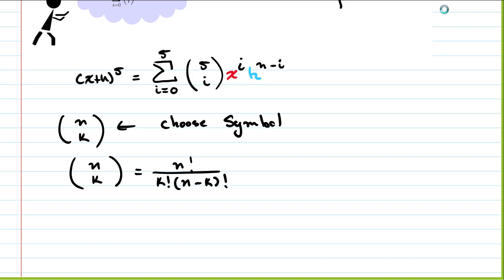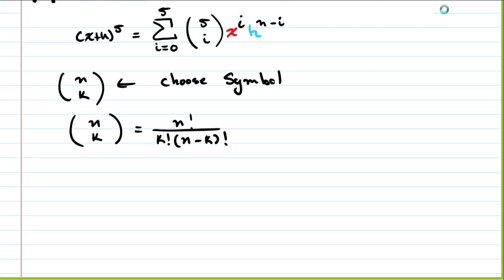And the factorial function, the exclamation point after a variable, doesn't tell us to scream n. It tells us to multiply all of the whole numbers, starting at n all the way down to 1.